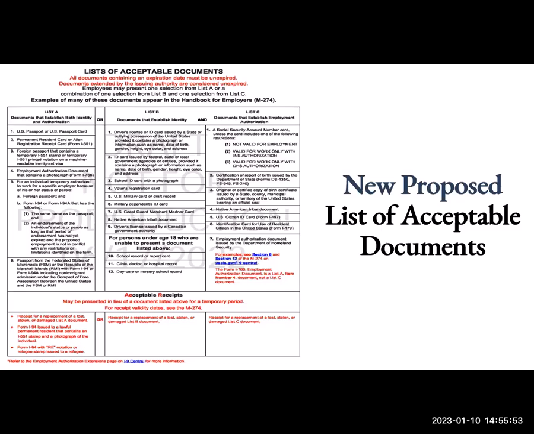And the other piece is under number 7. You see all that red and blue. There are at least 10 or 15 documents under list C that are acceptable, but they're not listed anywhere. Unless you're an immigration attorney, you really wouldn't know. And that's, again, a huge disadvantage to you.